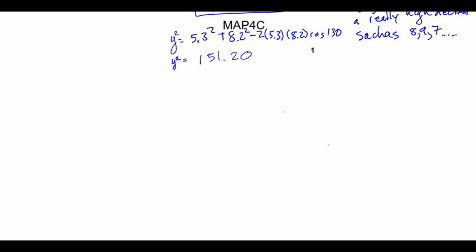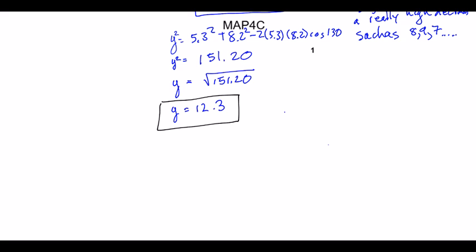Now, in order to get y by itself, we have to square root. So y is equal to the square root of 151.20, which gives us 12.3 for our answer. And we're good to go.